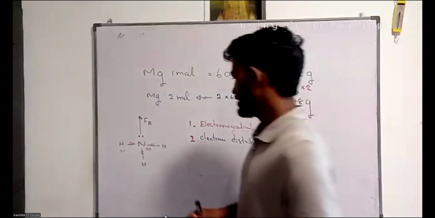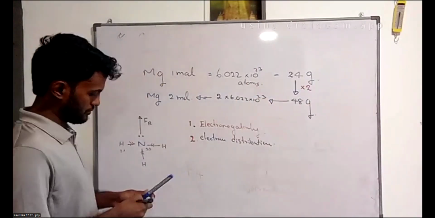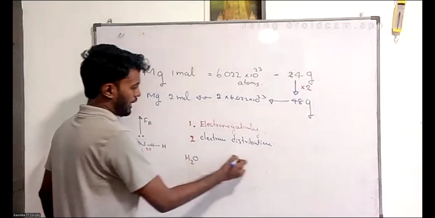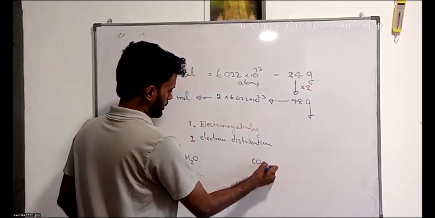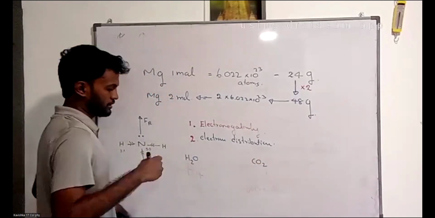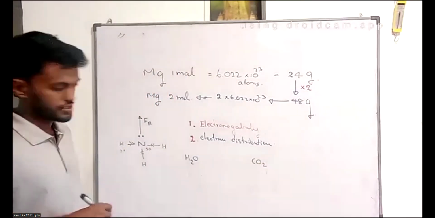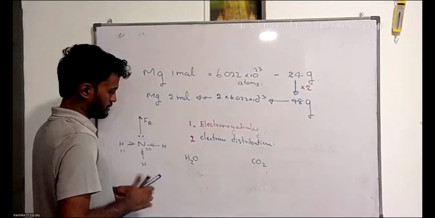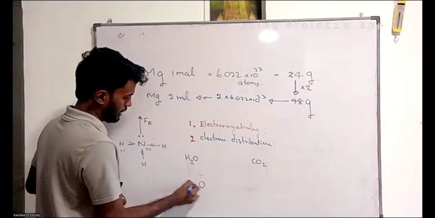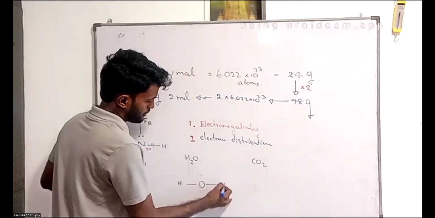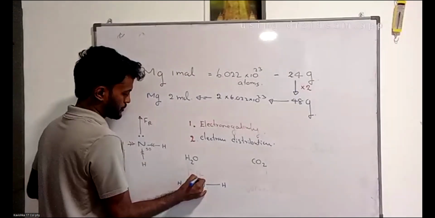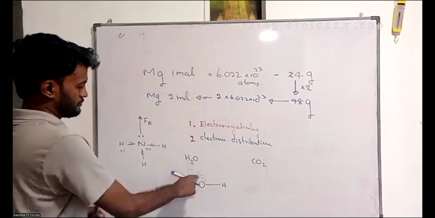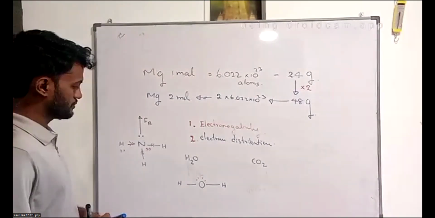But if you consider this one, just think, H2O and carbon dioxide. If you draw the Lewis structure of H2O, it's like this: oxygen in the center, hydrogen here, and two lone pairs you need to put.